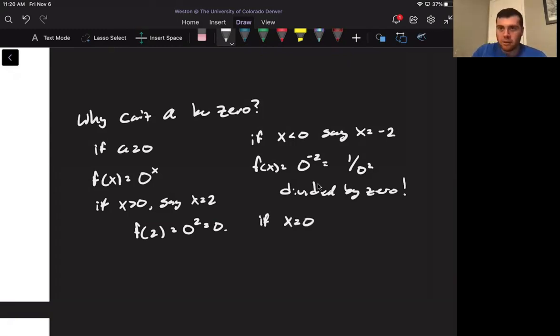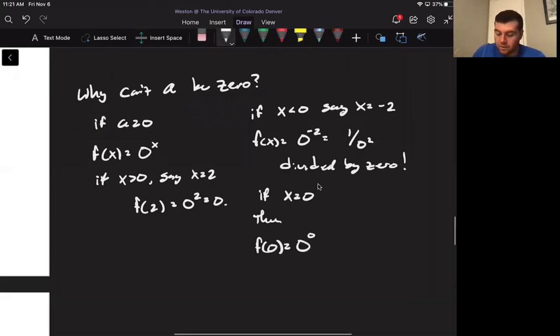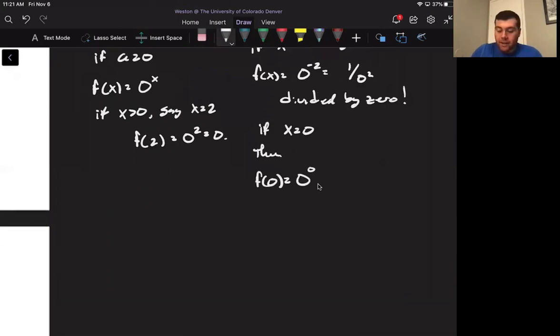And if x equals 0, we get something even weirder. Then we have f of 0 equals 0 to the 0. And what should that even be? Well, 2 cases. We know that 0 raised to a power is 0. So it should be 0.